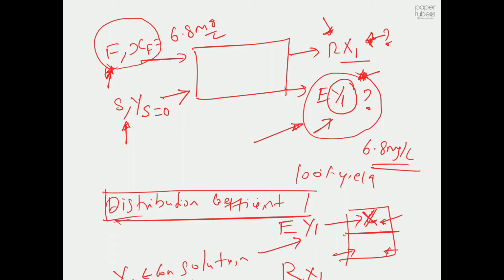You start with feed and solvent, obviously. So what does that mean? Your carrier liquid will be part of your feed solution, and then your solvent will be on the extract side, and your carrier liquid will be on the raffinate side.